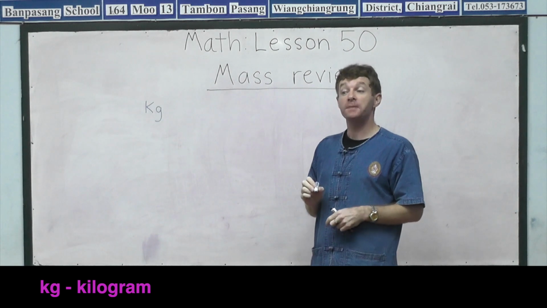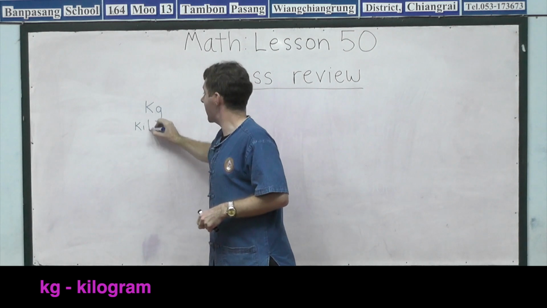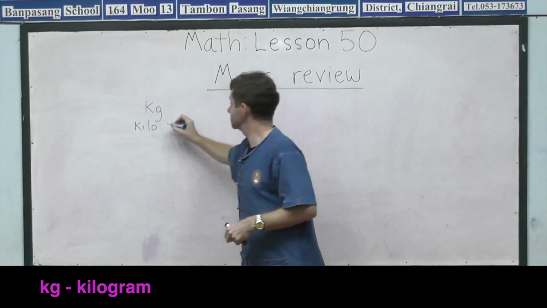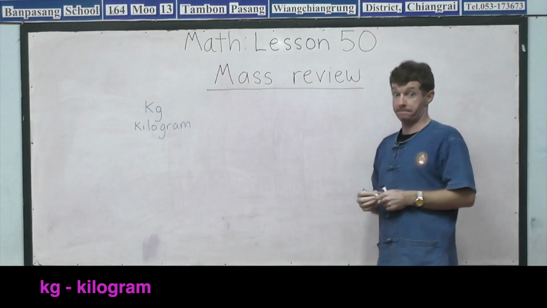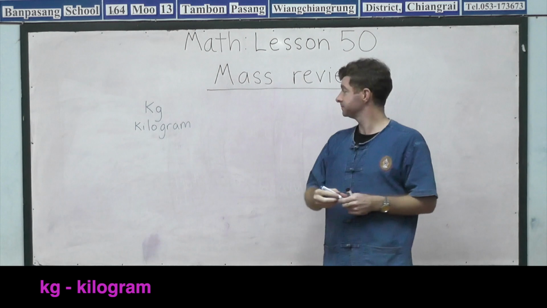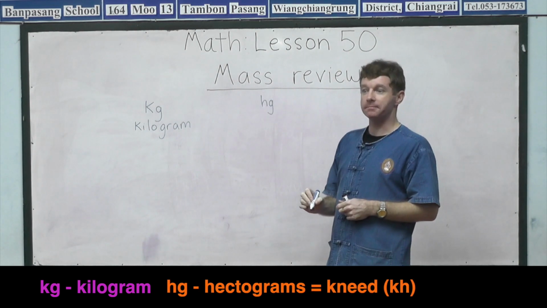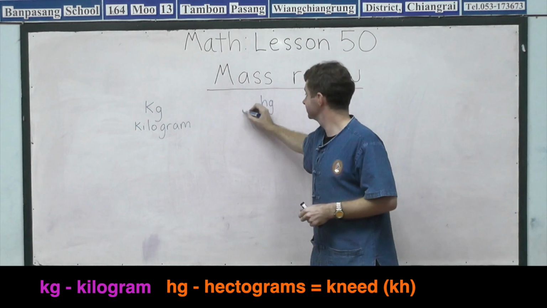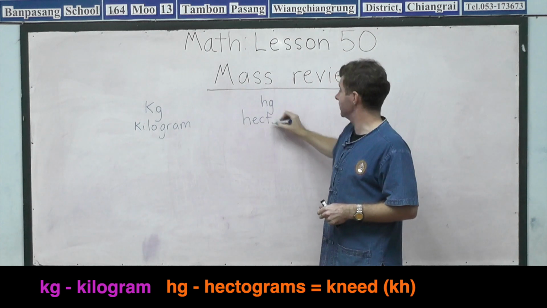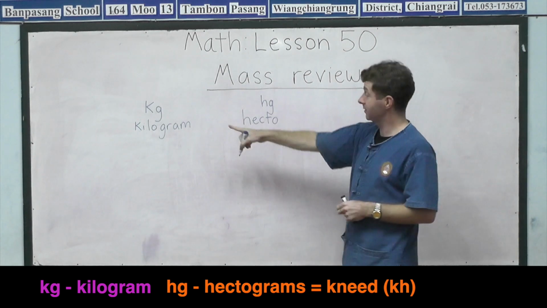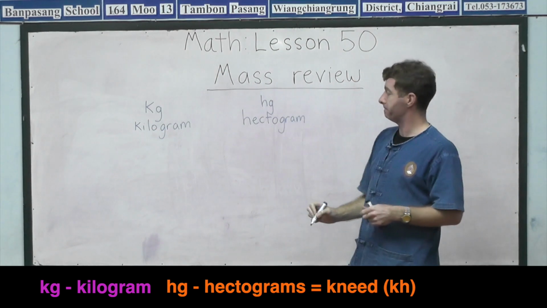Okay, so we'll begin with kilogram. How do we spell kilogram? K-I-L-O-G-R-A-M. Kilogram. Hectogram. How do we spell hectogram? H-E-C-T-O-G-R-A-M. Hectogram.